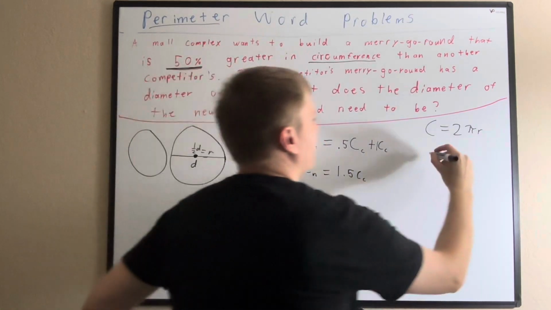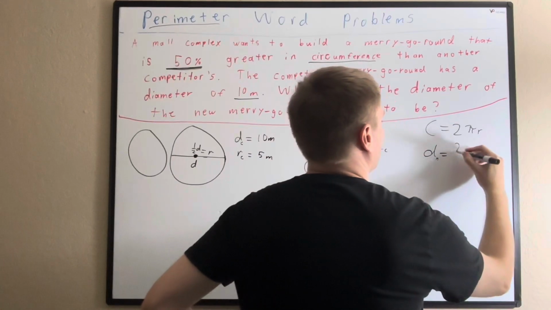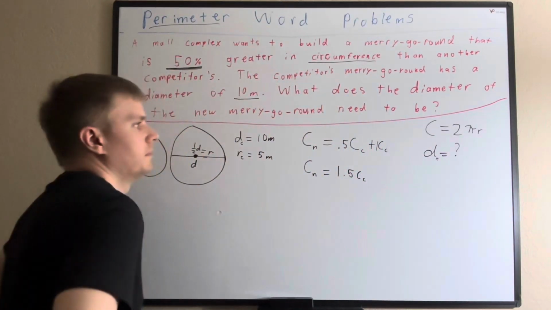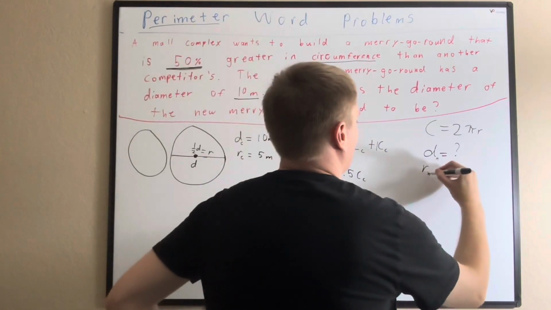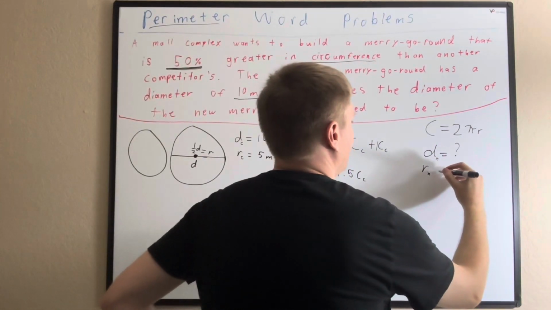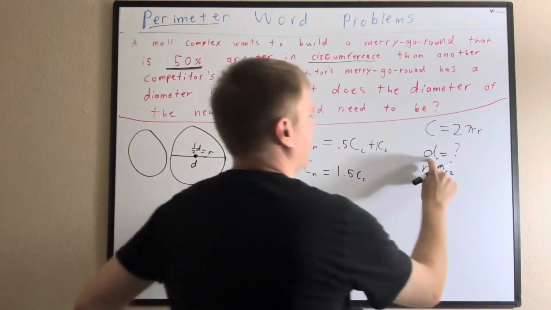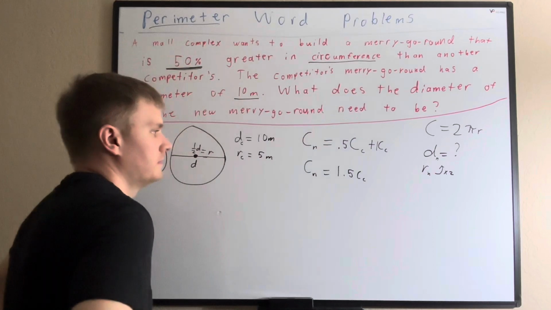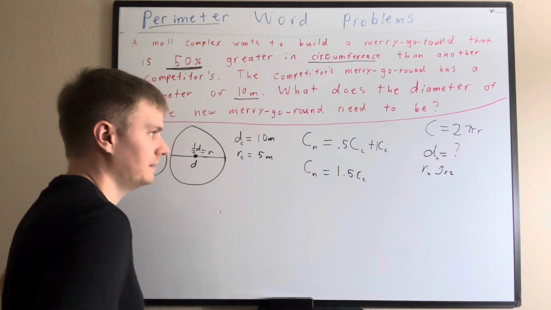We want the diameter of the new circle. Okay, so we need to find the radius of the new circle first, and then multiply that by 2. And then we'll have the diameter of the new merry-go-round. Whew, with me so far?